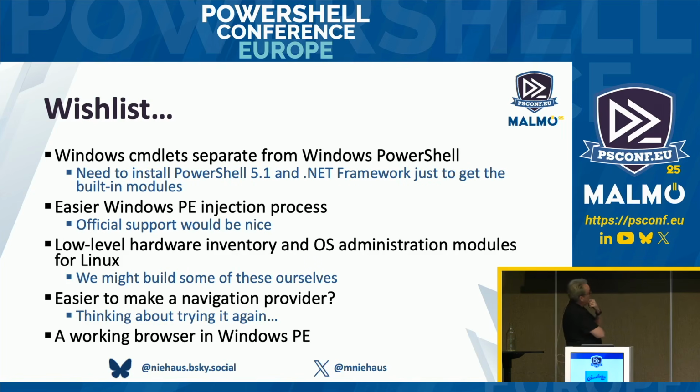We may do our own navigation provider again to expose all this stuff as a drive in PowerShell. And we'd really like a working browser in Windows PE because of things that require authentication. They tend to want to throw up a browser window to do that. And without the browser window, you can't do authentication without some type of device auth process that goes off of the machine.